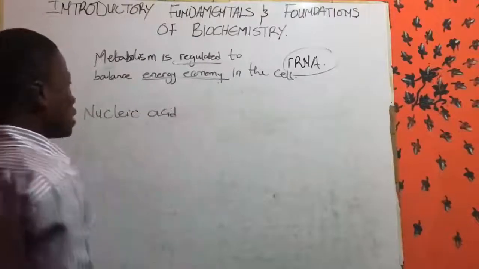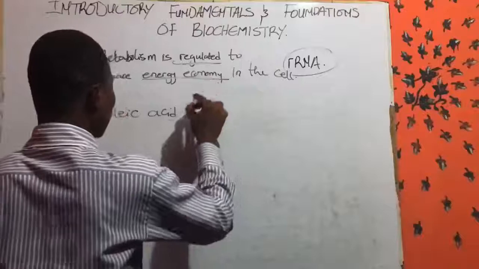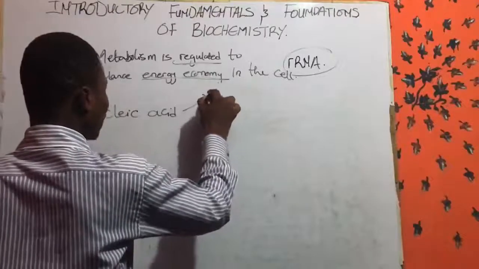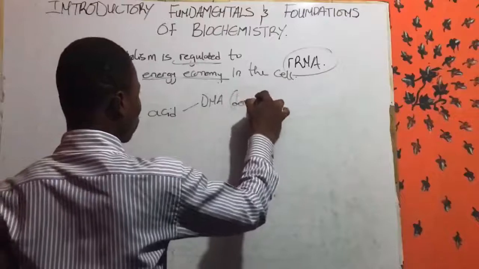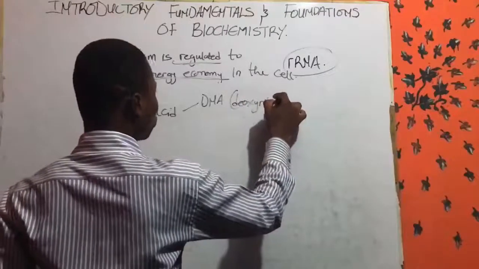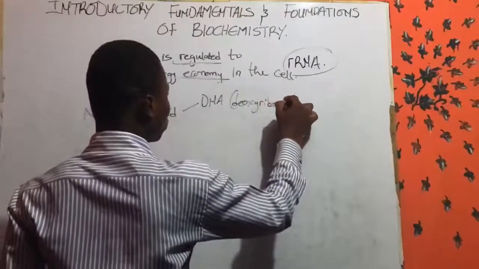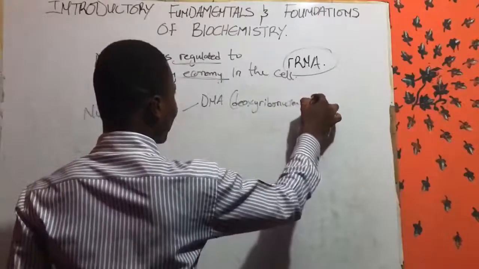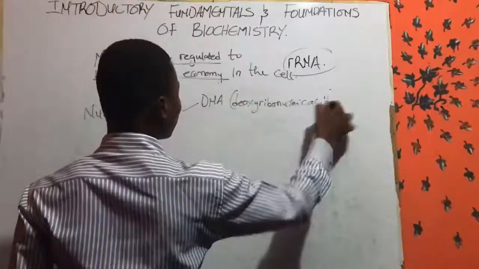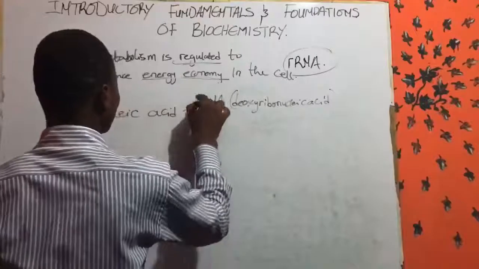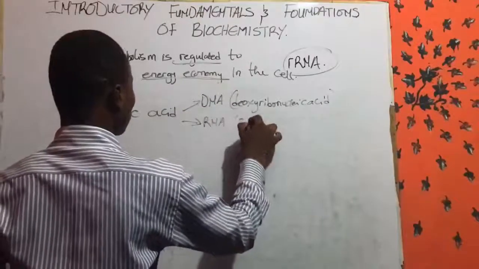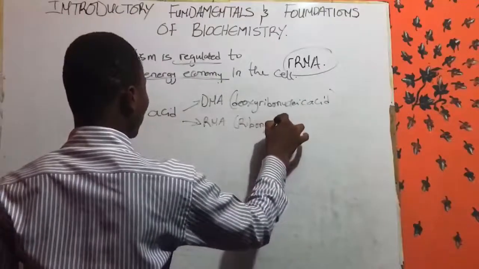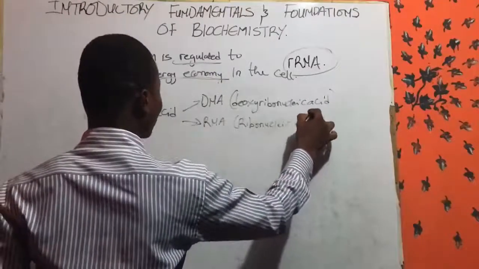Your nucleic acids can either be DNA, which is deoxyribonucleic acid, or it can be RNA, ribonucleic acid.